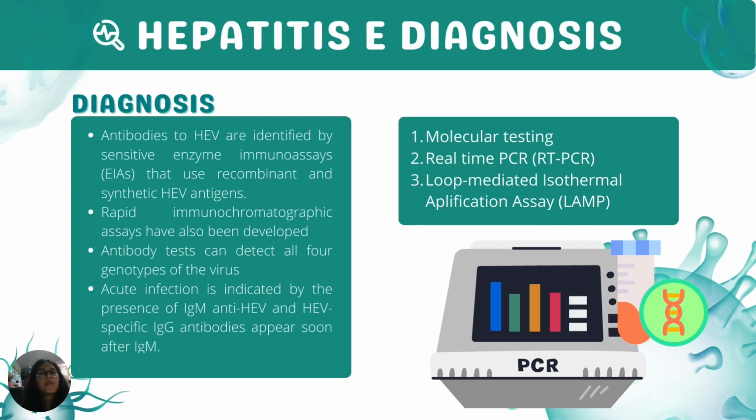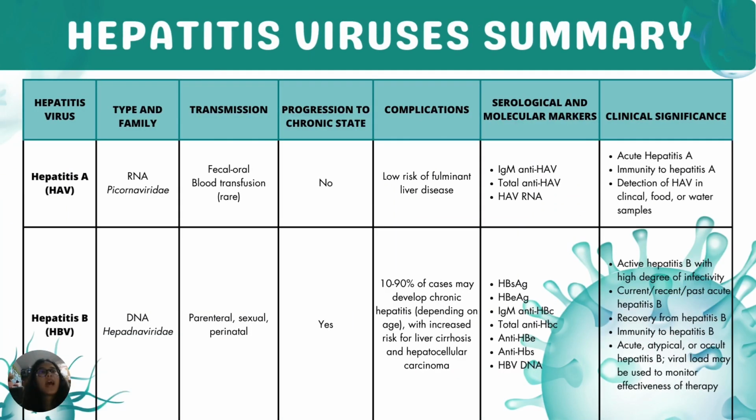So we have hepatitis A, hepatitis B, and then next slide, we have the hepatitis C, hepatitis D, and hepatitis E. And you can just pause it and read it so that you can understand it better. And that's all for the hepatitis viruses in serology and molecular detection.